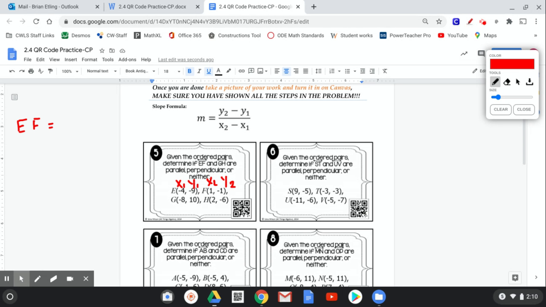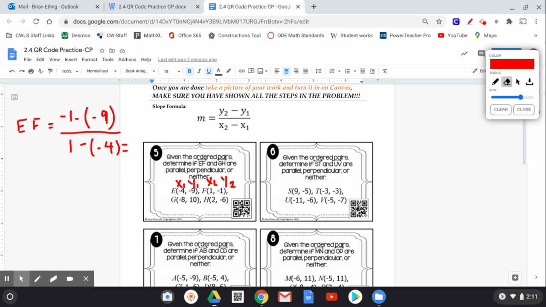Okay. So everything that I write down is what I want you to write down in your paper. Okay. So EF, we're going to find the slope. We do Y2, which is -1 minus, and then Y1 is -9, so -1 minus a -9 all over x2 minus x1, which would be 1 minus a -4. From there, I want you to simplify it, okay?